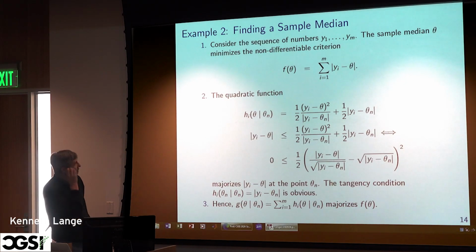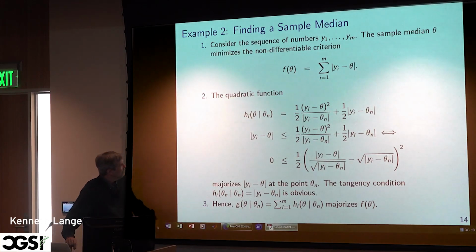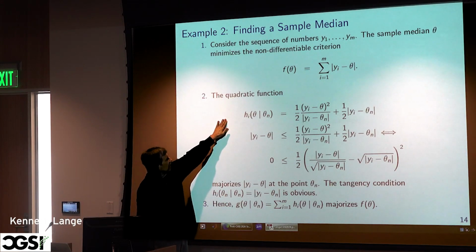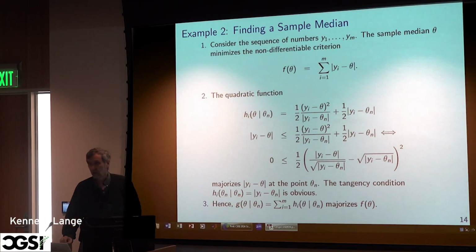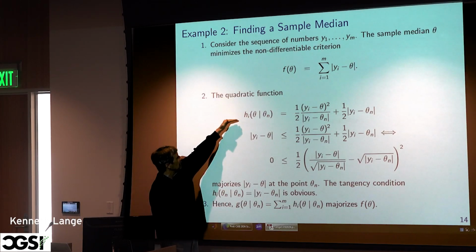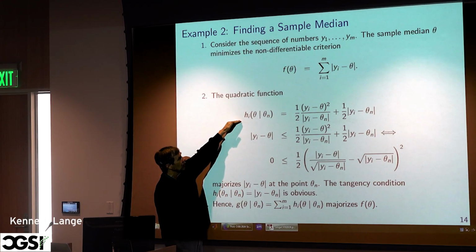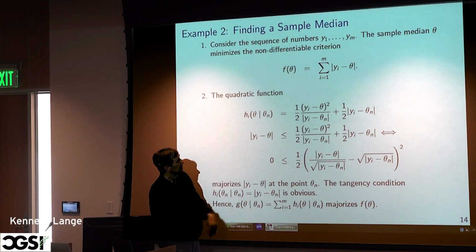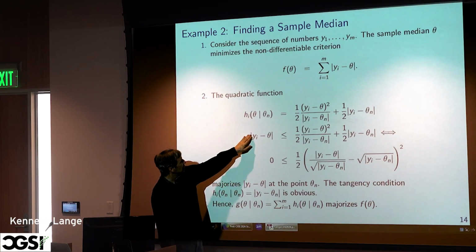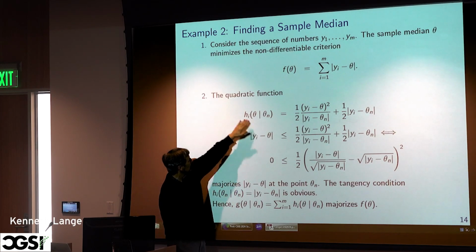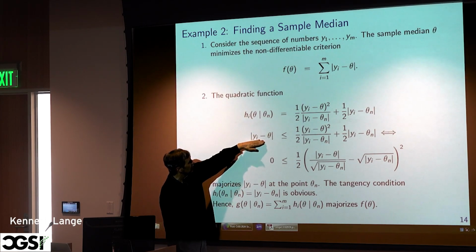And here, you can set up a quadratic. You can work piece by piece. For each i, you have an absolute value that you majorize. And here's the surrogate function for one term in that sum. You'll notice that it's quadratic. And the reason that it is majorizing the left-hand side is this absolute value.